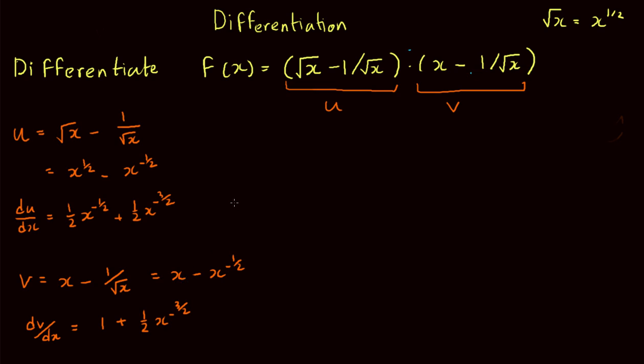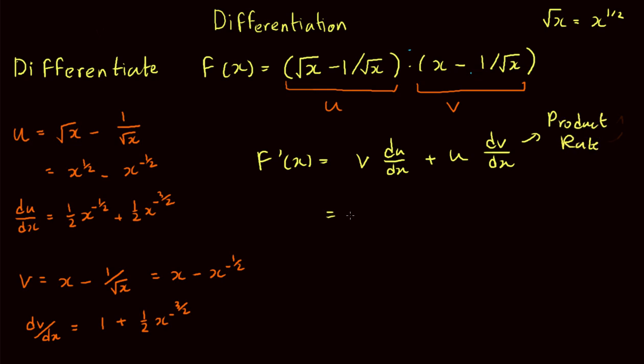Now we try to find f prime x, which is basically using the product rule. It's quite straightforward: it's simply v du dx plus u dv dx. This is the product rule that we've been talking about earlier.